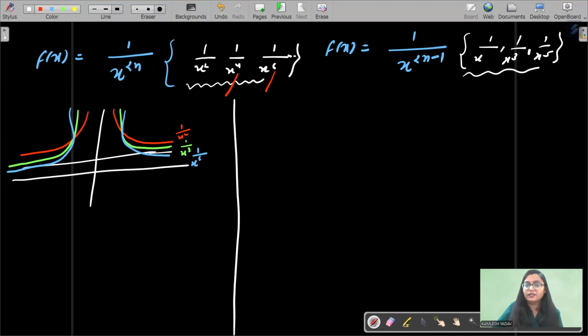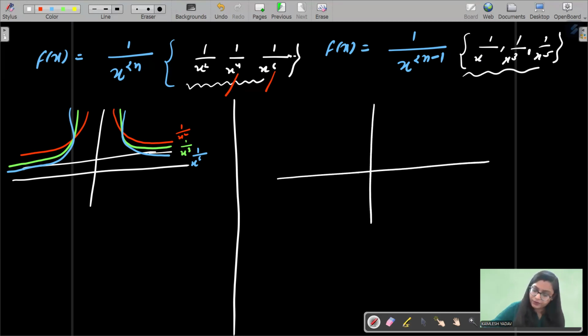Similarly, we can draw the graph of 1 upon x cube and 1 upon x to the power 5. In similar form, we can draw the graph of 1 upon x. So this is the graph of y equal to 1 upon x.